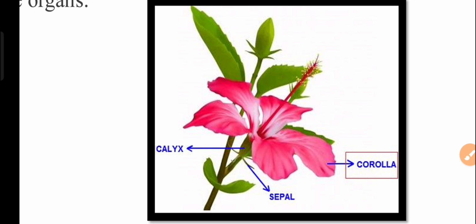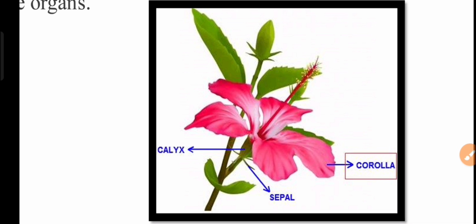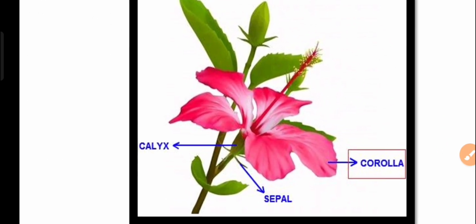And also storage. The corolla stores nectar to attract pollinators. What do pollinators mean? Pollinators are insects like honeybees. And it also gives protection to the flower.